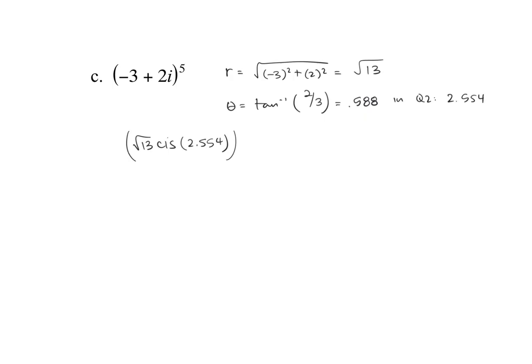Now, if we're going to raise that to the 5th power, then we have the modulus raised to the 5th power times the cosine plus i sine of 5 times the argument. That's 12.768.